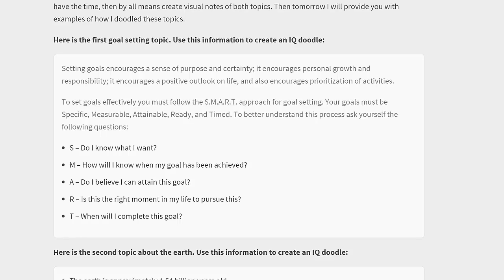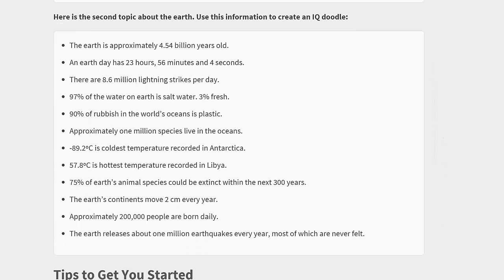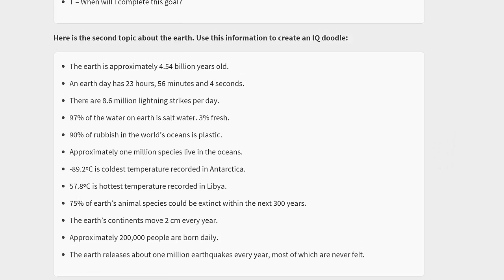What I am asking you to do here is to read this paragraph, for instance, about goal setting, this little section with a few bullet points, and to turn this writing into a set of visual notes. And then after that, there's another challenge to turn facts about Earth that you see here into visual notes as well.